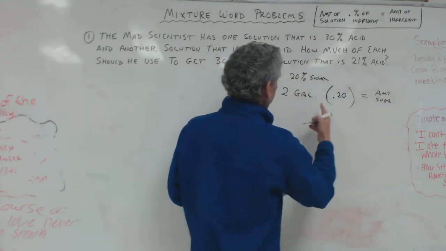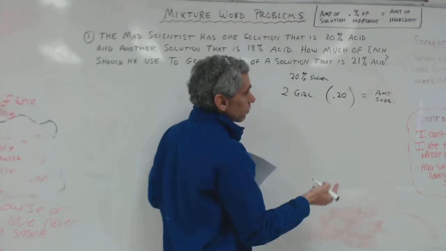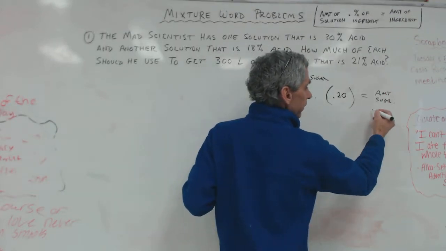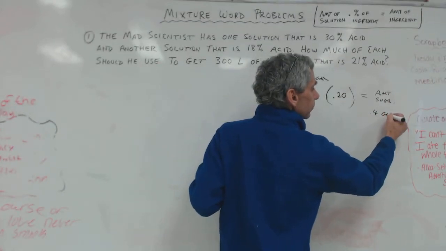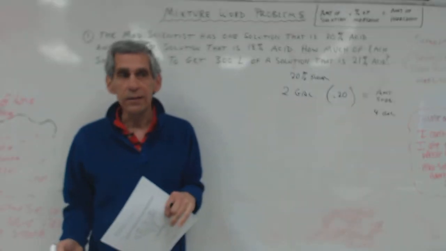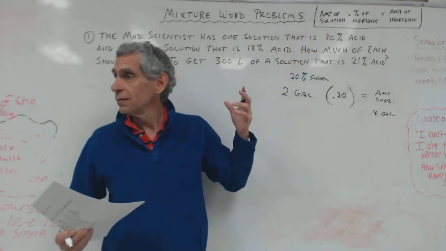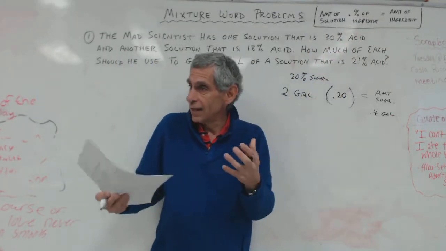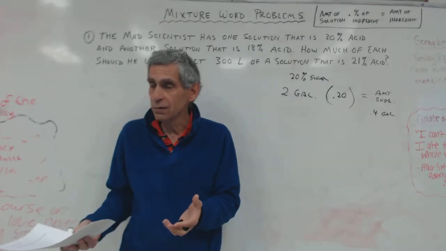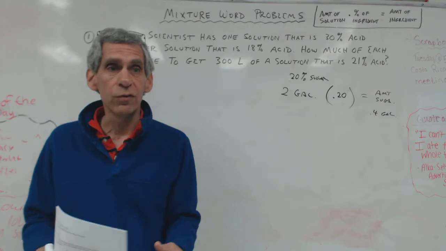So 2 gallons times 0.2 gives me 0.4 gallons of sugar, right? You see what I'm saying? It makes a lot of sense. I have the amount of my solution times the percent of the ingredient, and that gives me the amount of my sugar. That's a really useful formula.